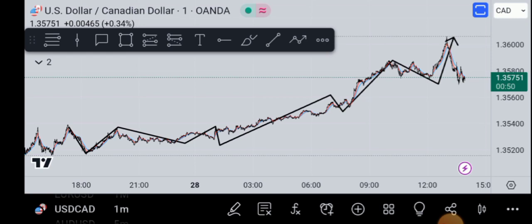So you can see the price movement, and this shows that the demand level is higher than the supply level. When the demand for a commodity is very high, then the price of that commodity also appreciates.